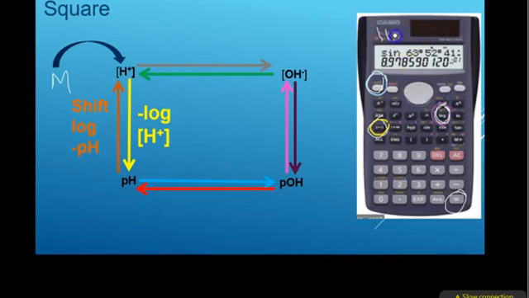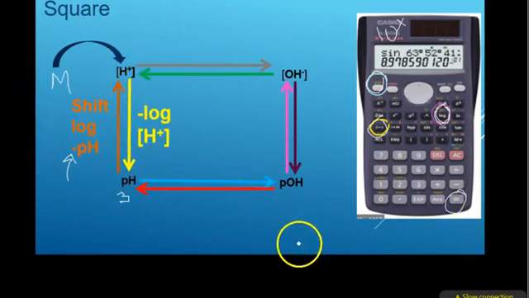If you shift log, you're at the 10 to the x. So shift log, and then the negative sign, see that's a negative sign right there, of the negative whatever number you had. So let's say you have a pH of 3, for example. To get to the hydrogen ion concentration of that, you take the shift log of negative 3 equal sign.